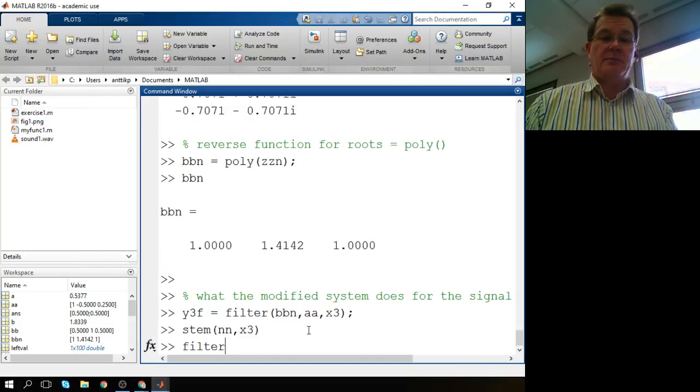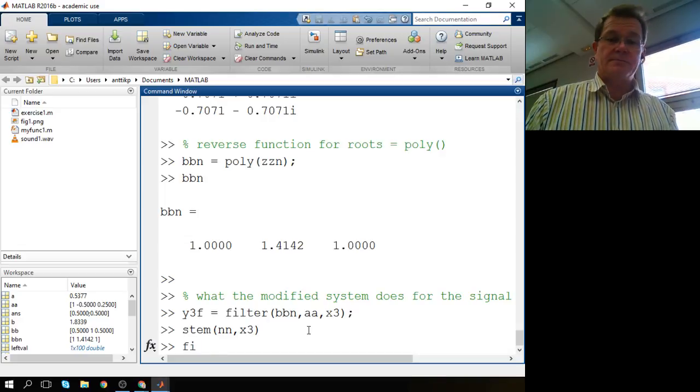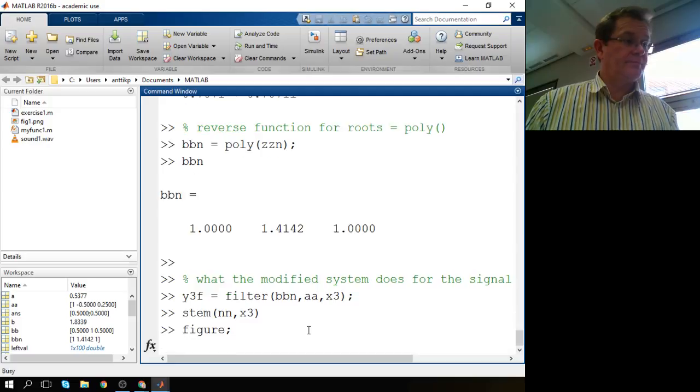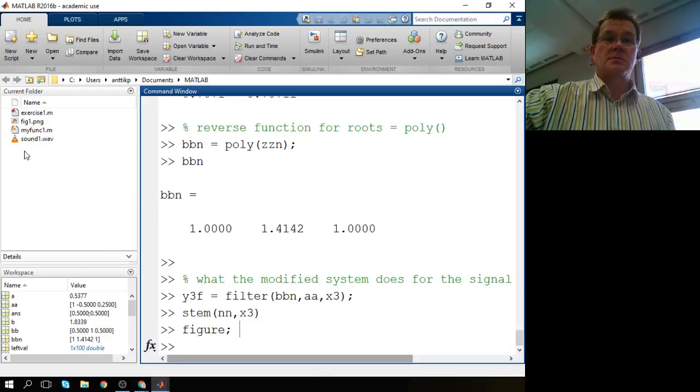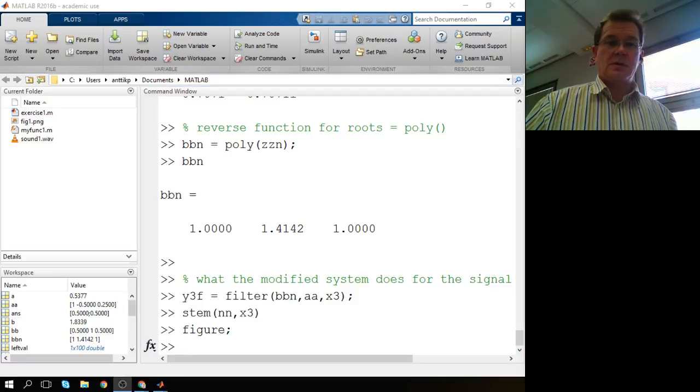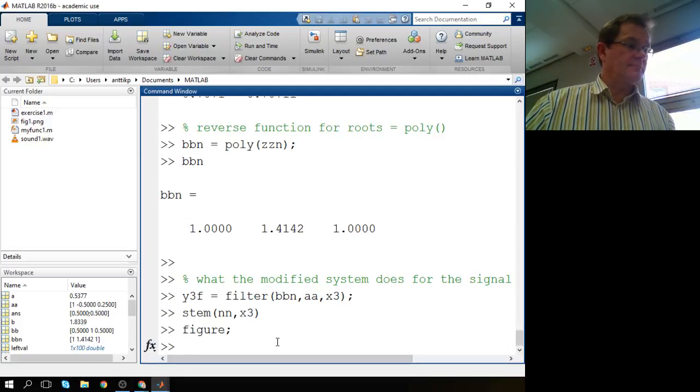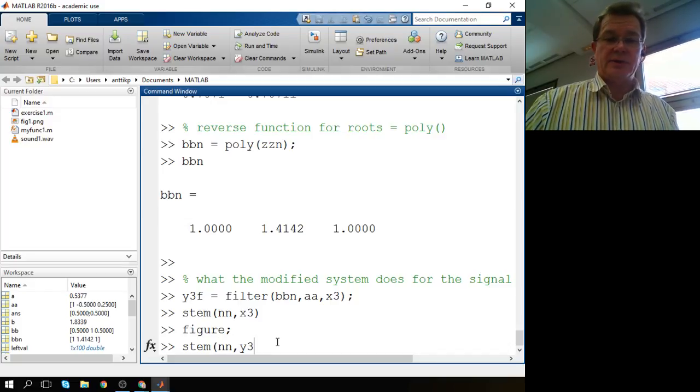Then another big figure, a new figure, and then I'll calculate, stem, figure, and then I stem NN and Y3F.